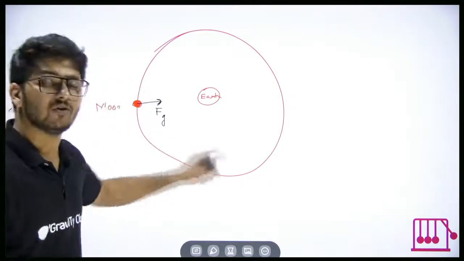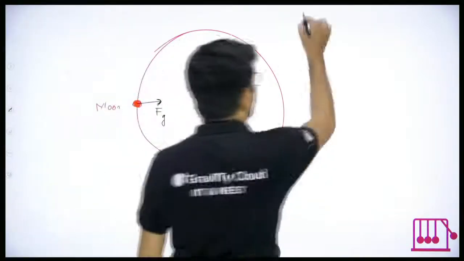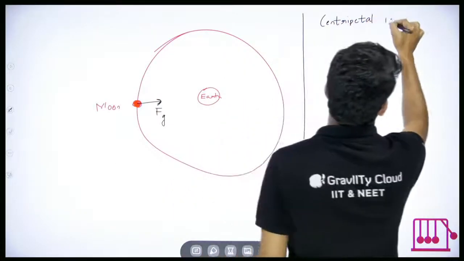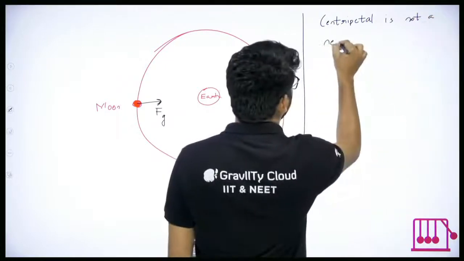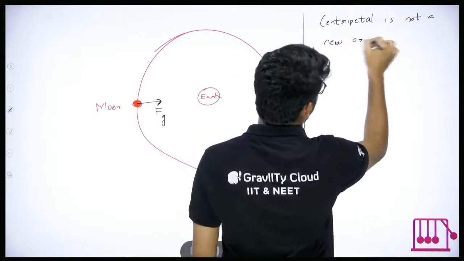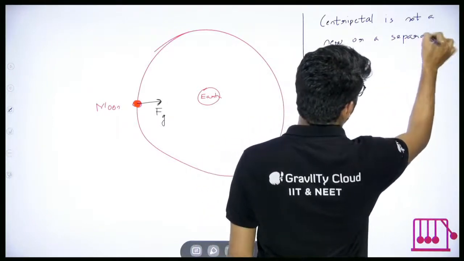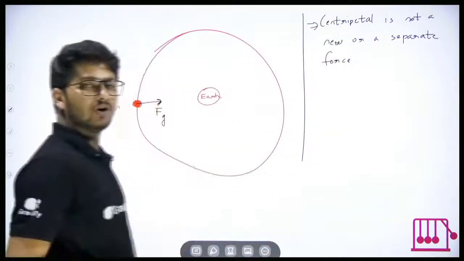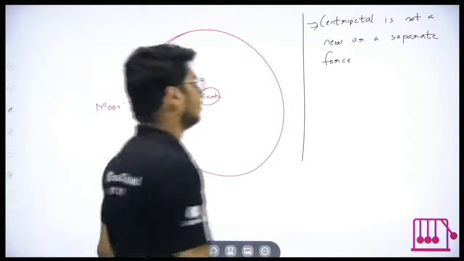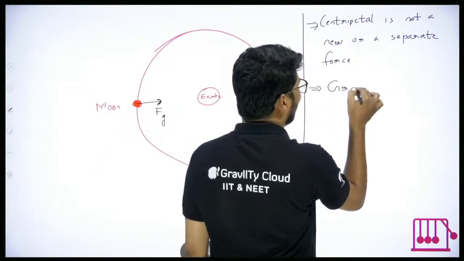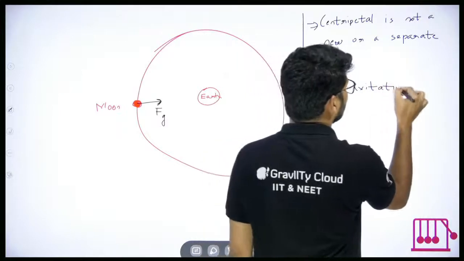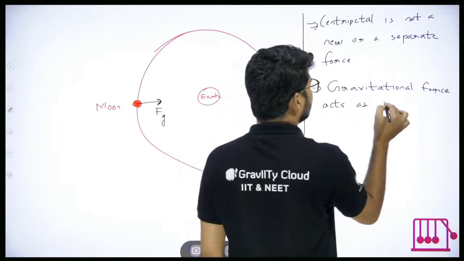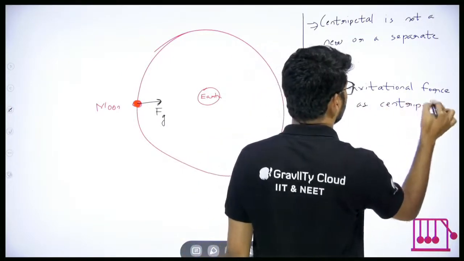And this gravitational force will act as the centripetal force, because remember this, centripetal force is not a new or separate force. Whatever force is there, that force itself will act as the centripetal force. So in this particular case, the gravitational force acts as the centripetal force. Simple.